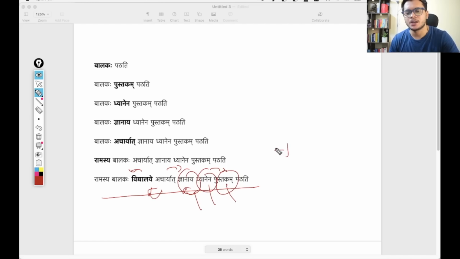When you read Jnanaya, you already know that it means for knowledge, because it is in the fourth form. So even if I reshuffle the order, it won't matter, because in Sanskrit the order does not matter. The words themselves give you all the information you need to understand the meaning of the sentence. And with this, I think I've covered what I wanted to cover in the word case, Vibhakti, topic.